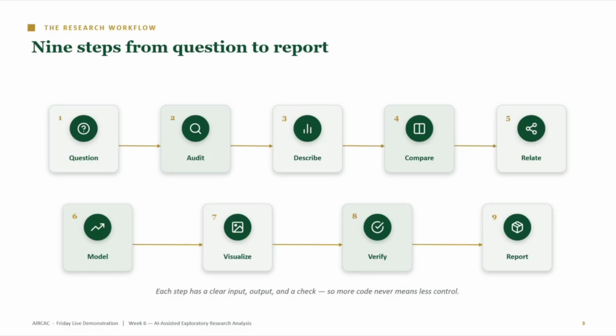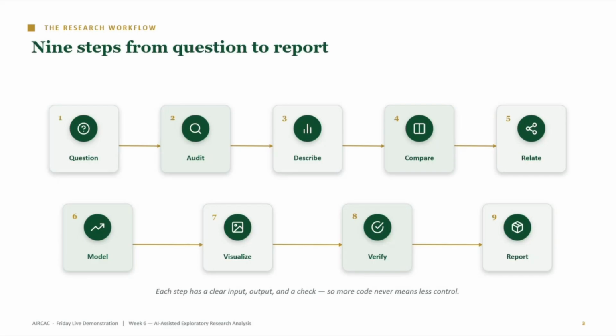The main points, the 9 steps that we need to deal with in each research, are first the question, then audit the data, describe it, compare, relate, and model the data. Which model should we use, and what is the relationship between the model and the data?